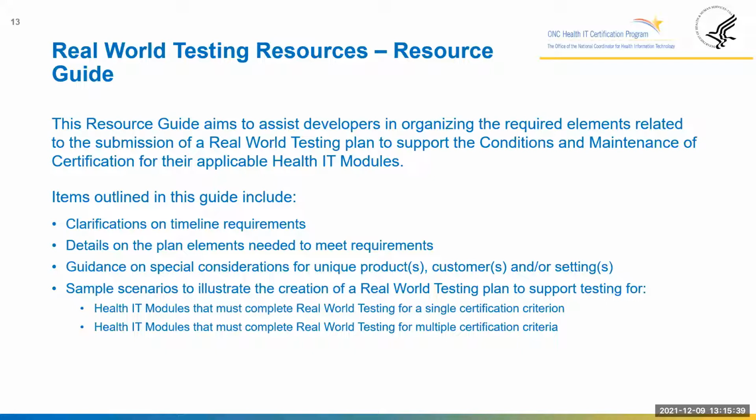It provides clarifications on timeline requirements, details on the plan elements needed to meet the requirements, and guidance on special considerations for unique products, customers, and/or settings. And we also have some sample scenarios to illustrate the creation of a real world testing plan, one of which is specific to real world testing for a single criterion, and the other is specific to real world testing for multiple certification criteria. Next slide, please.